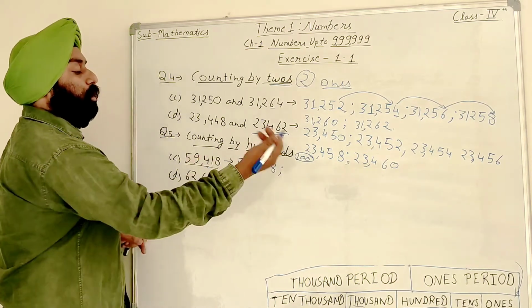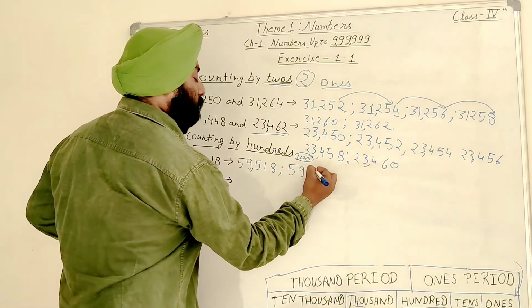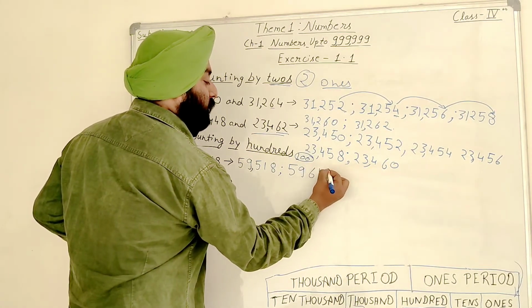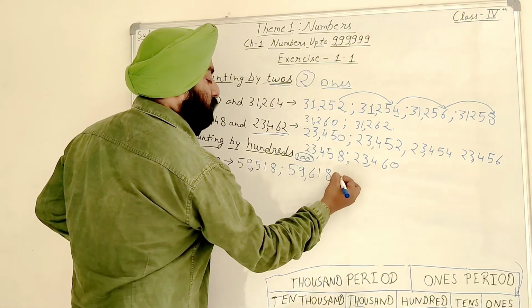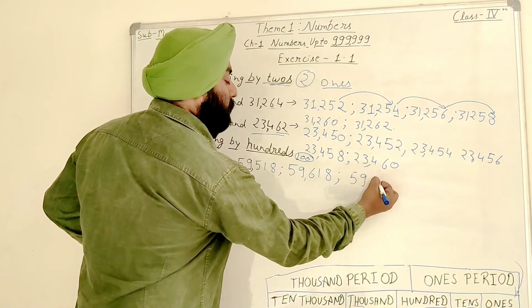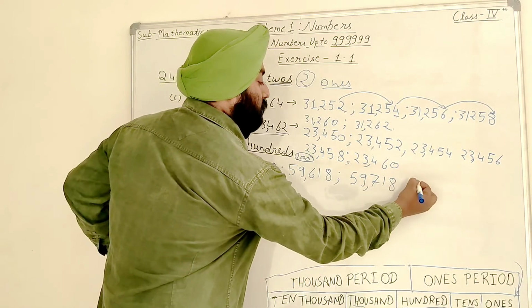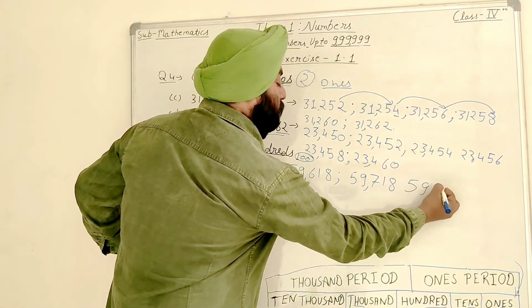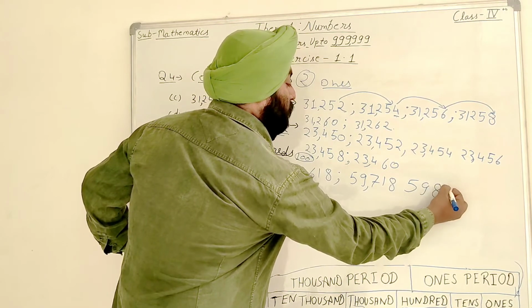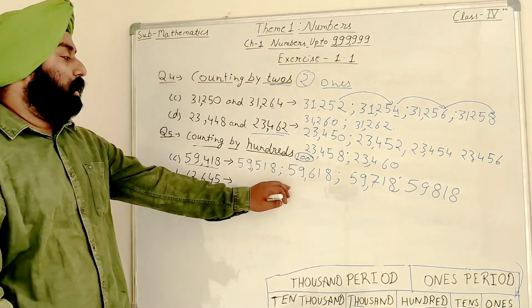Just write 4 more numbers: 59,618, 59,718, and 59,818. Got it? It's the easy one.